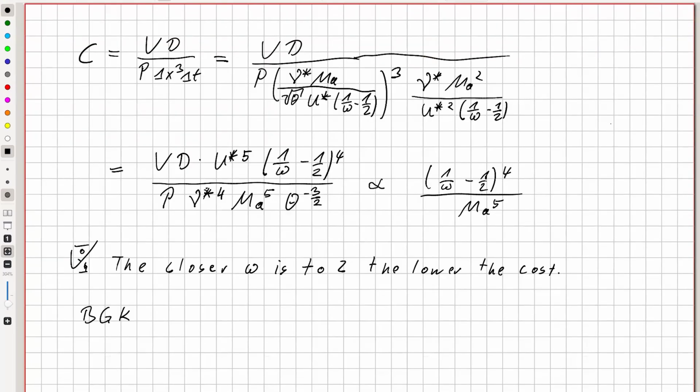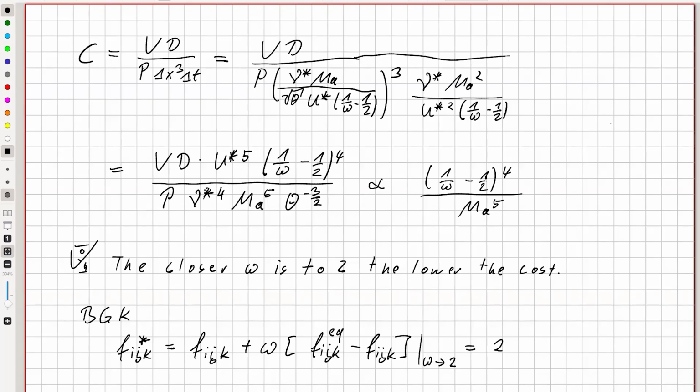So what's again about the only method that so far we have looked at, the BGK methods? Here we have a post-collision state that is made up from the pre-collision state plus omega times the equilibrium minus the pre-collision state. So this is the lattice BGK collision operator. And now when we assume that omega goes to 2, then what we have is twice the equilibrium minus the pre-collision state.